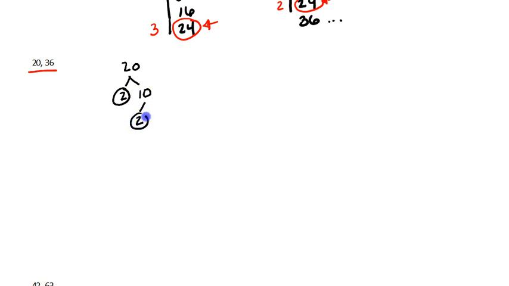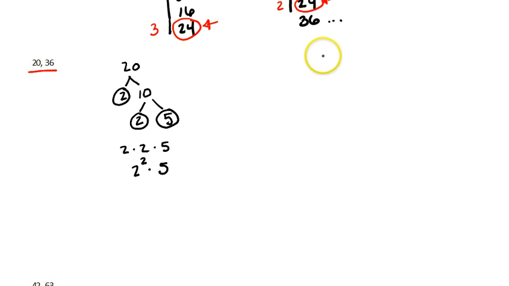2 goes into 10 5 times. Both of these are prime. So I'm going to write my prime factorization as 2 times 2 times 5, or I could also write it as 2 to the second times 5.